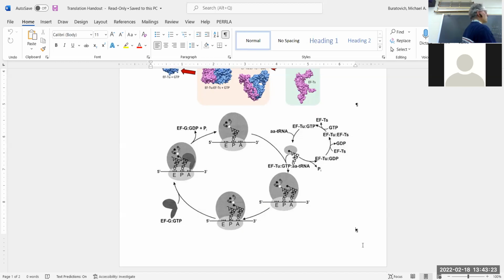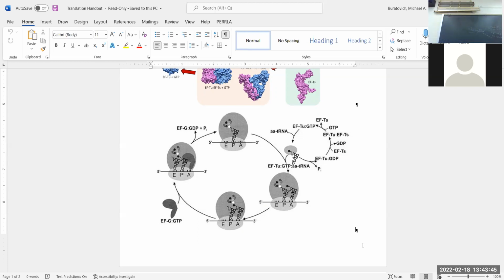So the large ribosomal RNAs in the large subunits of ribosomes are ribozymes. That is, they are RNA molecules that have enzymatic activity.